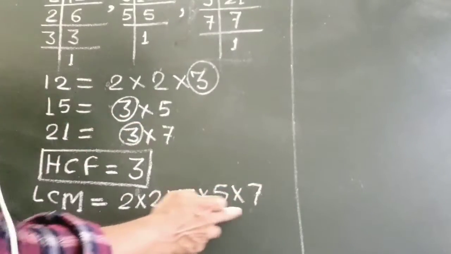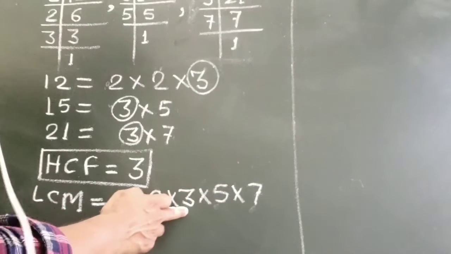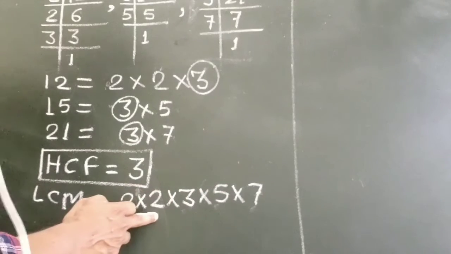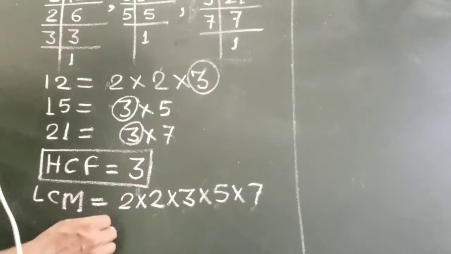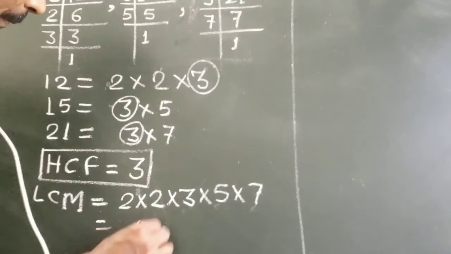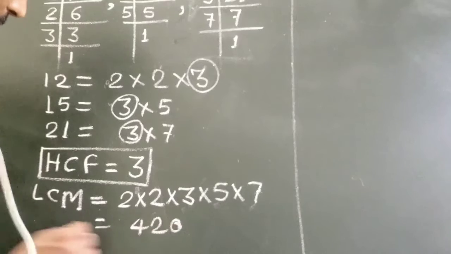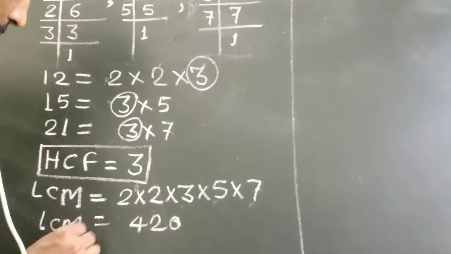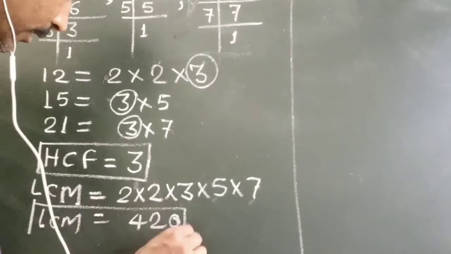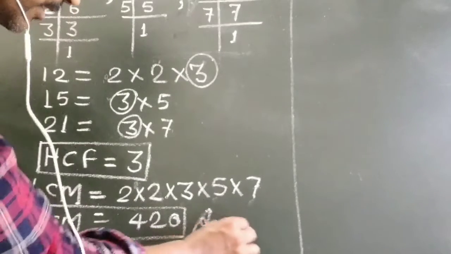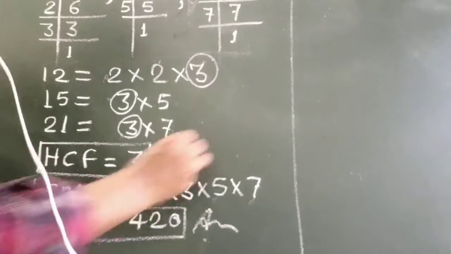Multiply these numbers. 7 5s are 35, 35 3s are 105, 105 into 2 is 210 and 420. Then LCM will be 420. So this is the LCM and this is the HCF.